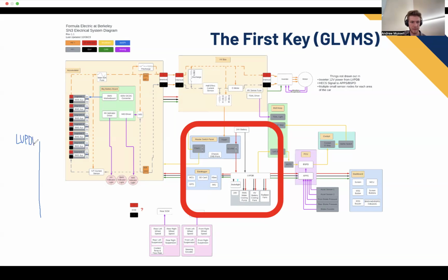And on the right side, we'll have the brake light, and there'll be some harnessing in between. But the way this works is we're getting our plus 24 from over here.